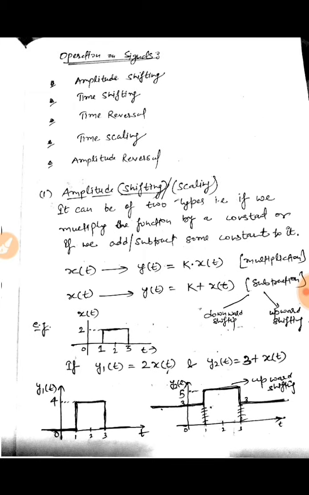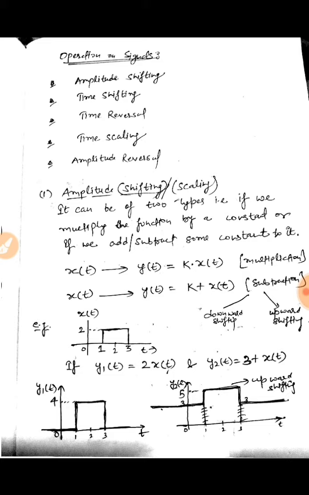So we can have several operations on the signals like amplitude shifting, in which we can change the amplitude of the signal. Time shifting, that is using time shifting we can delay or advance our signal. Time reversal is a special case of time scaling, we will see how.